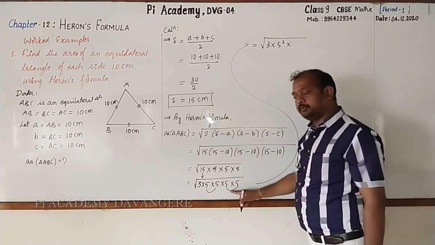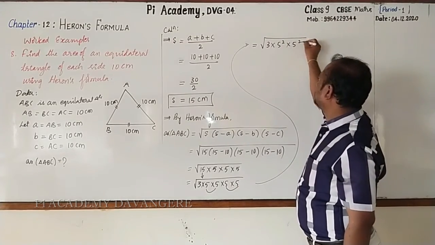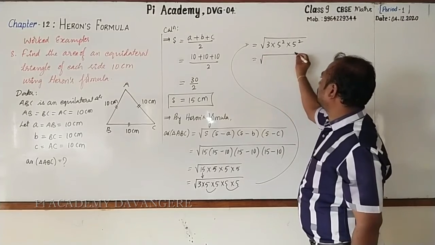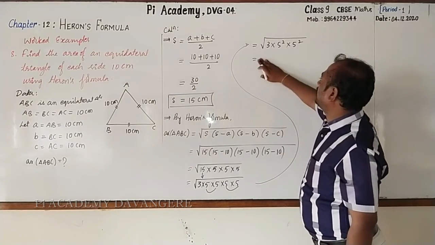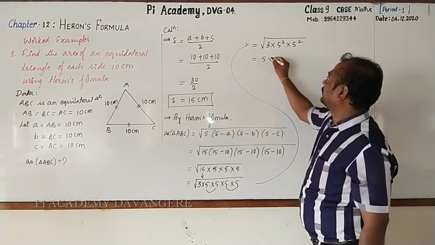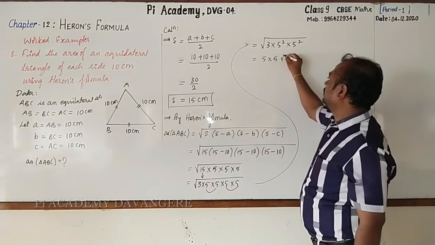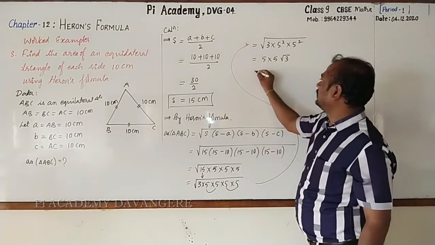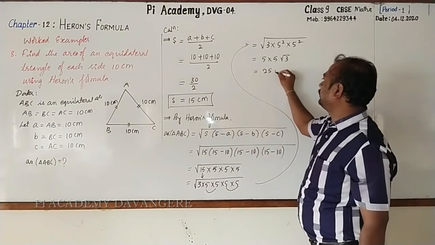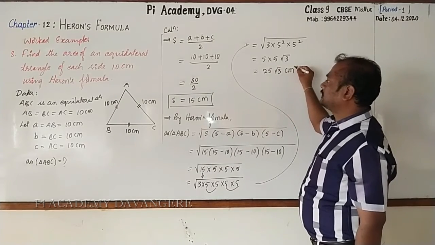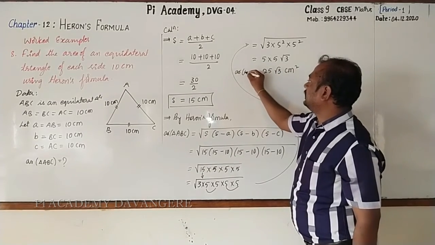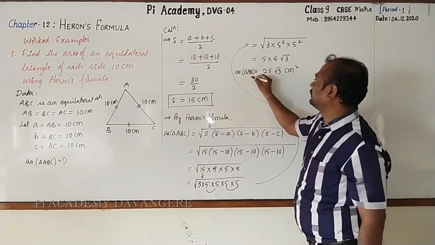Another 5 into 5, 5 square. This is equal to square root of, right. What is square root of 5 square? 5. 5 square, again 5 into root 3 as it is. 5 5s are 25 into root 3 centimeter square.